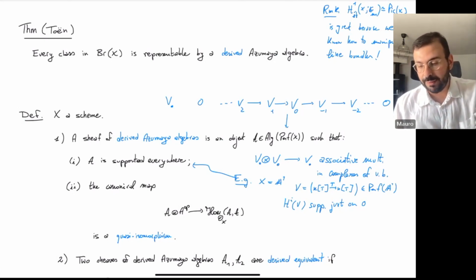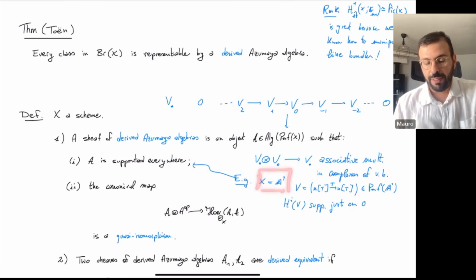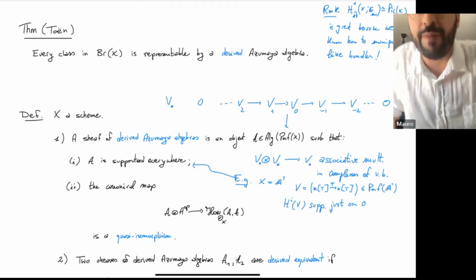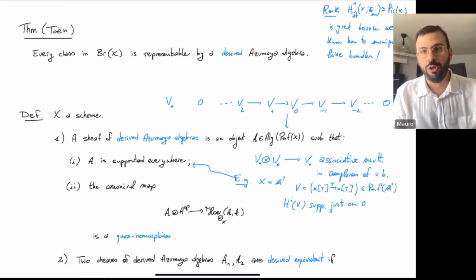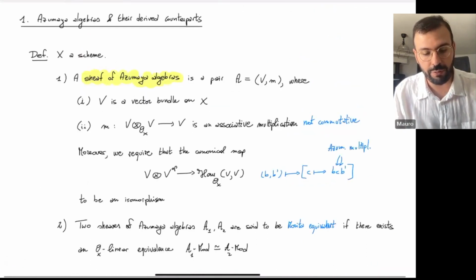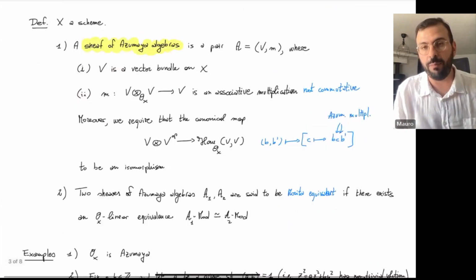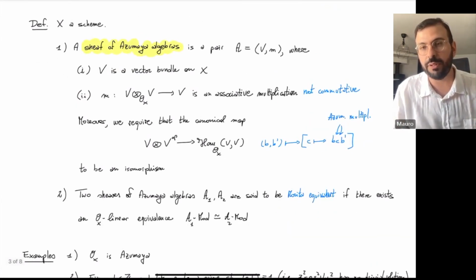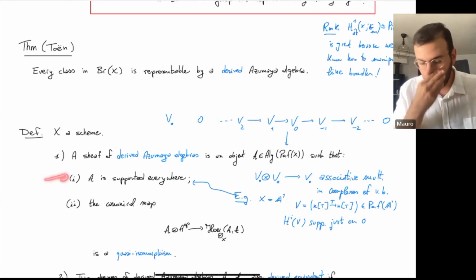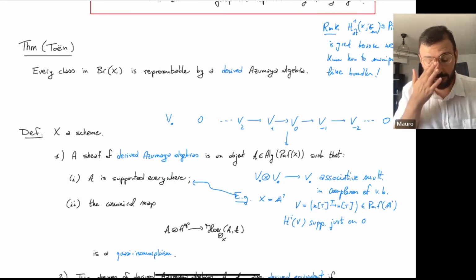And so this is a perfect complex, but it's not supported on the whole thing, while a vector bundle, we know, is supported everywhere. Its fiber at every point is non-zero. So the true analog of this first condition, V is a vector bundle, when we allow V to be a perfect complex, becomes V is supported everywhere. So this is a good analog of being a vector bundle.